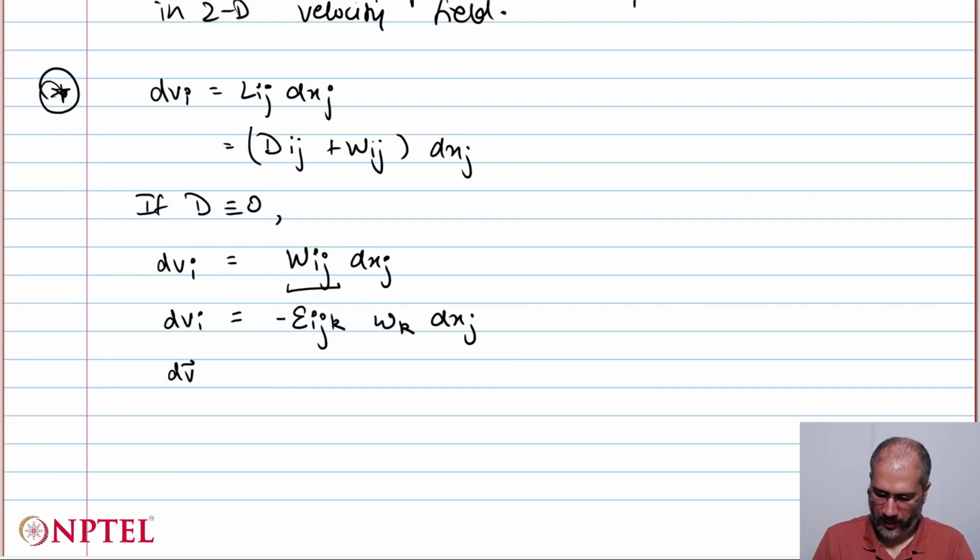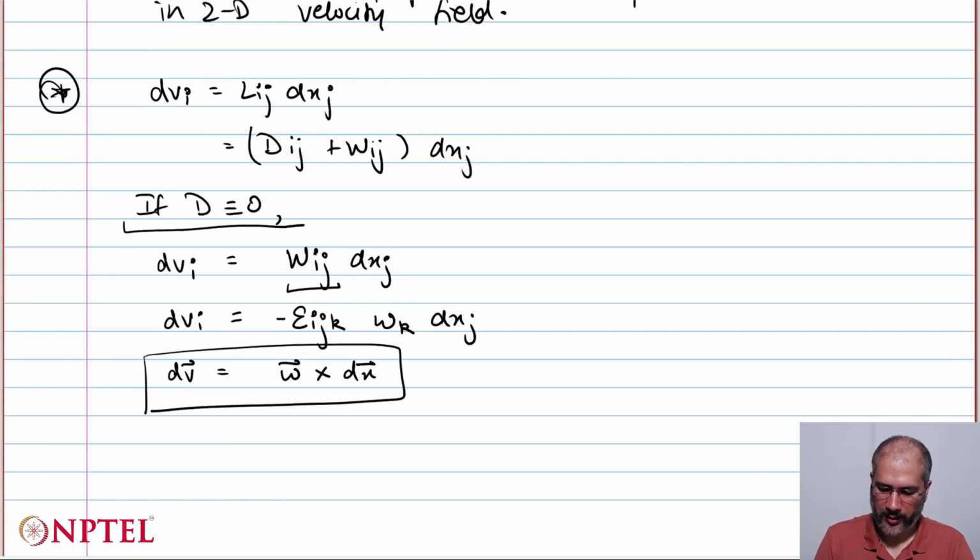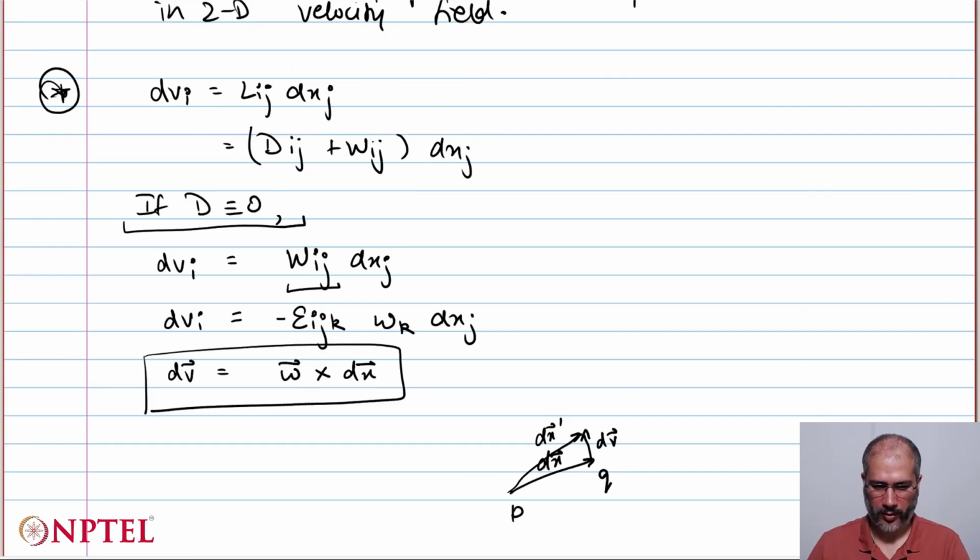And from here, you can easily see that this is the cross product of omega with dx. So for the situation where d is 0, that is for purely rigid body rotation, let's think in terms of 2D. If you have a vector small dx, then the vector dv is perpendicular to dx, and that means this is purely a rigid body rotation situation.